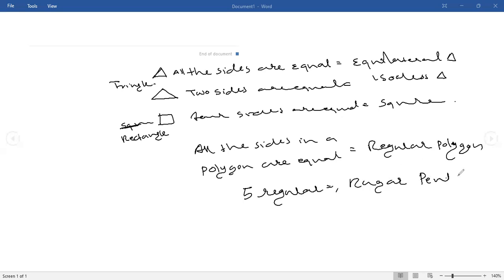If 6 sides are equal, you can call it a regular hexagon. In this manner, you can name regular polygons. Okay.